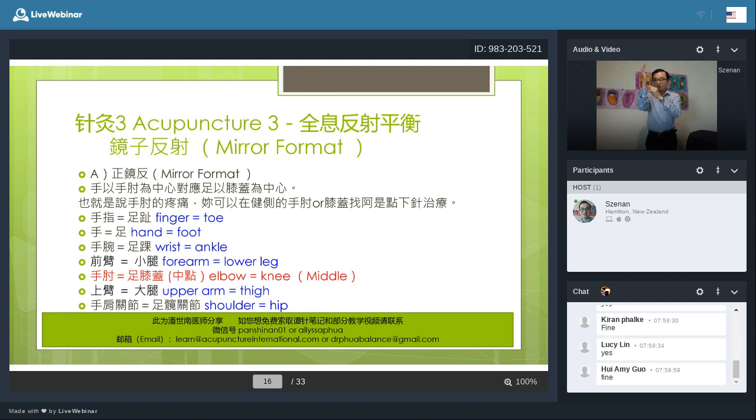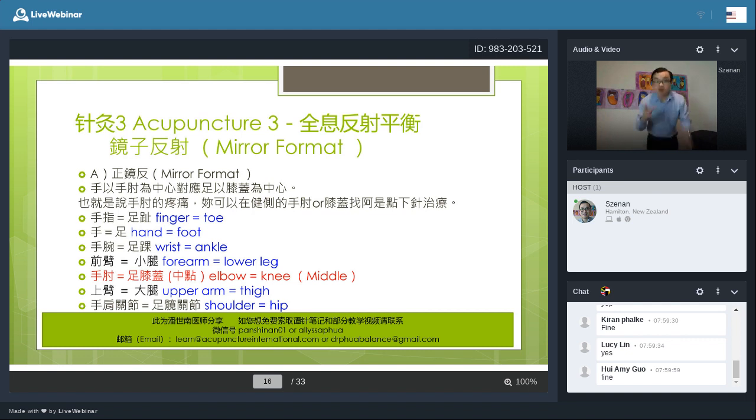If the pain is over here, if I don't want to needle here, or if I needle here, the result is good, but I want even better results, I can go to here. Then I can treat here. So when you're selecting the point, this is the first option, this is the second option. You always have multiple areas to choose the point.